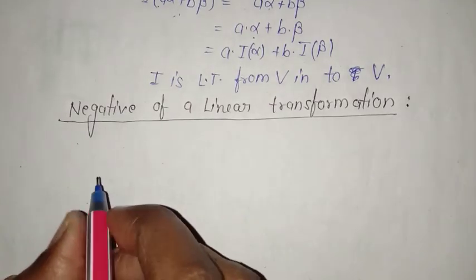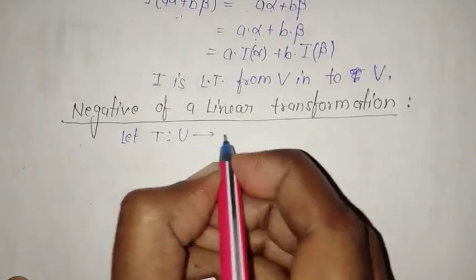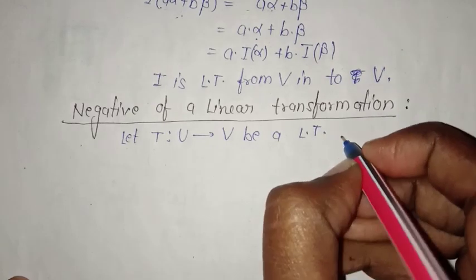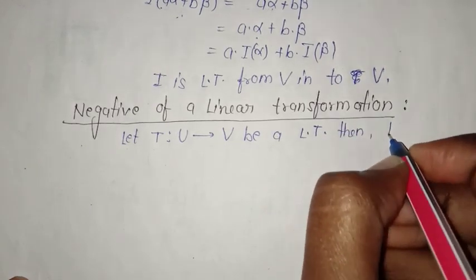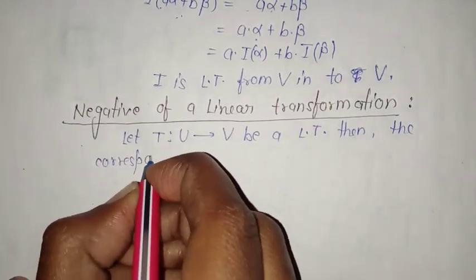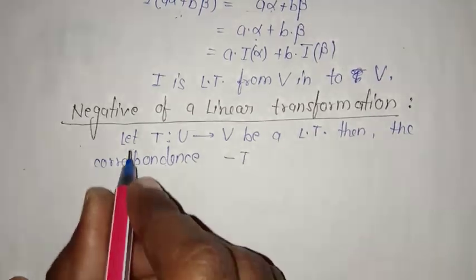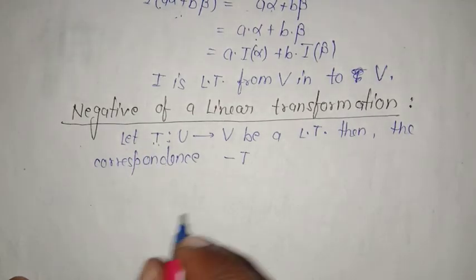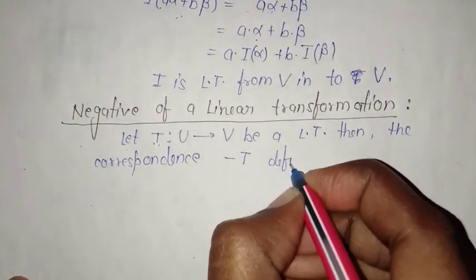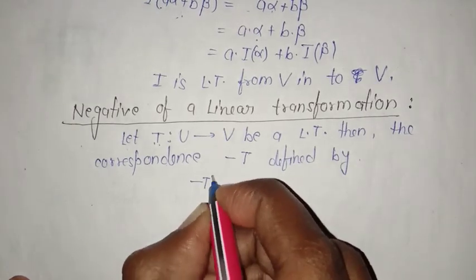This time we will consider that let T from U to V be a linear transformation. Then the correspondence minus T, we are defining the negative of this linear transformation, so that will be denoted by minus T, and this is defined as minus T of alpha.